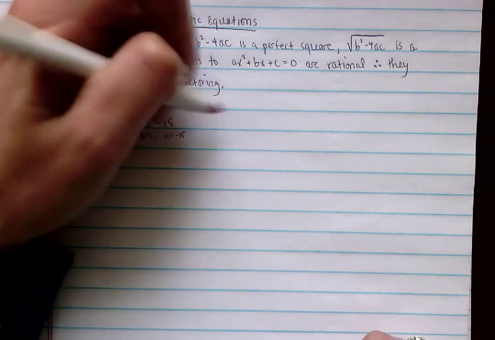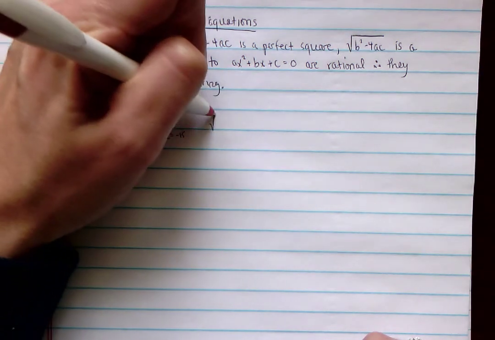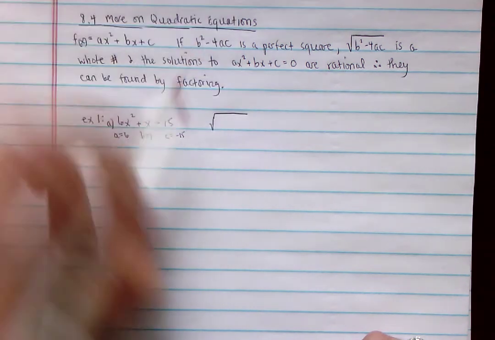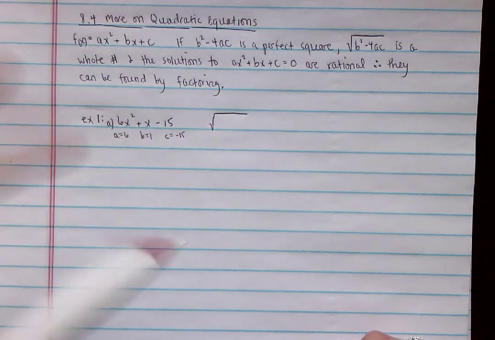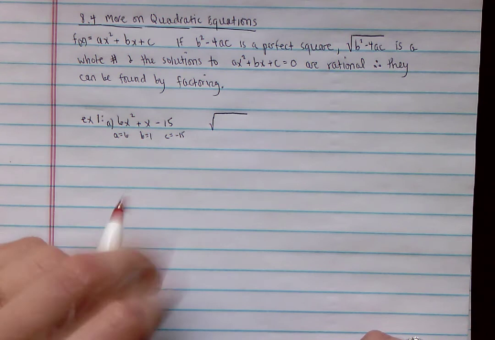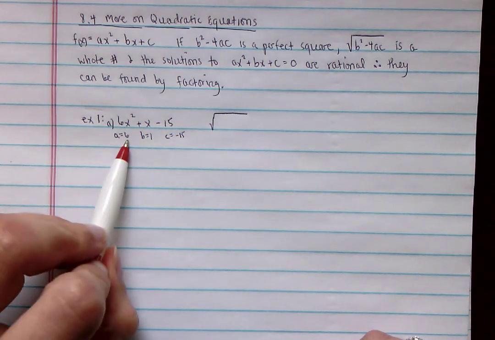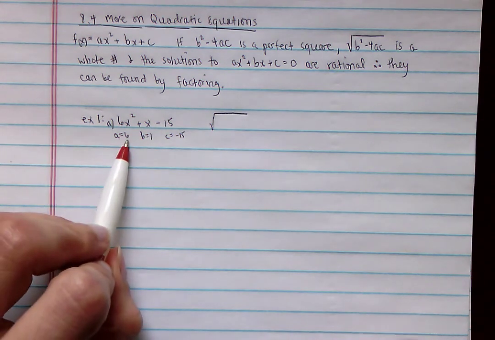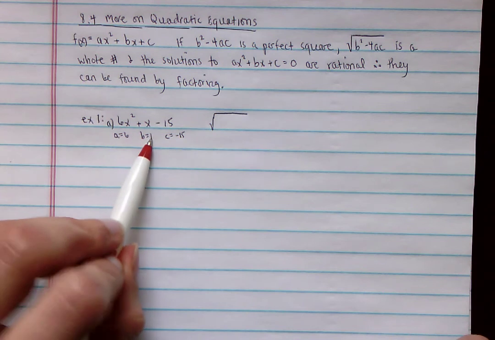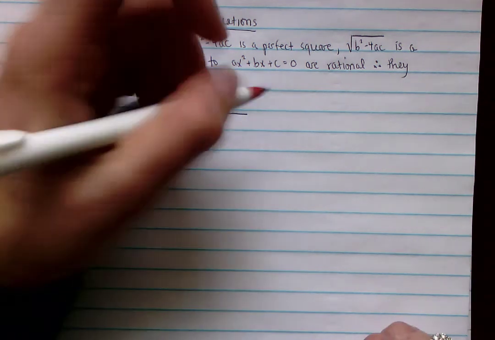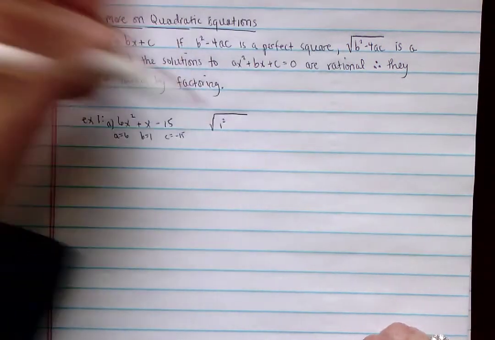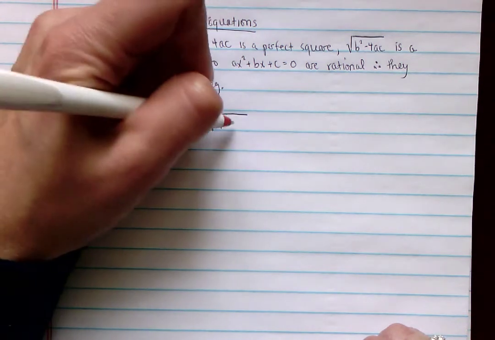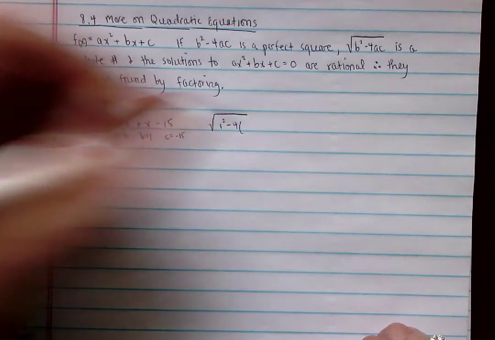And then we're going to check to see if the discriminant, we actually don't even need to do the square root, but I'll just write it anyway, but let's see if the discriminant is a perfect square. So 1 squared, right, we're going to do b squared, so 1 squared, and then minus 4, and then a is 6.